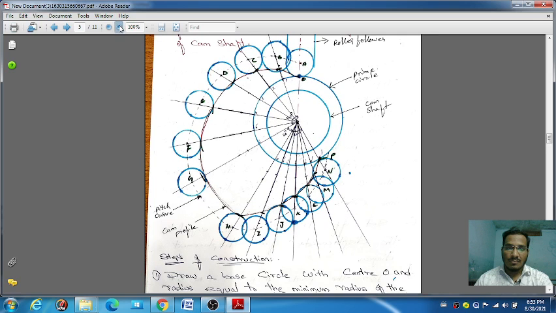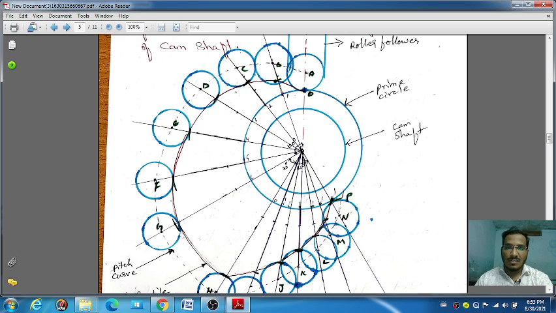I am zooming this figure so you can see it easily. The 120 degree from the axis is your outstroke. Then this 30 degree is your dwell condition, meaning constant, and after that 60 degree is your return stroke.